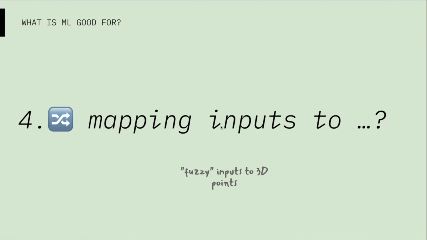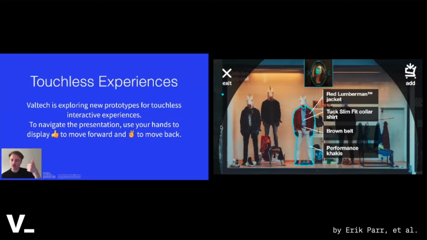What we've used this a lot for in our innovation work is these libraries from Google called the MediaPipe libraries. As you can see, Eric Parr here on the left is holding his hand up in front of the screen and making gestures, and it is taking that stream of images from the video and making a 3D model of his hand skeleton.